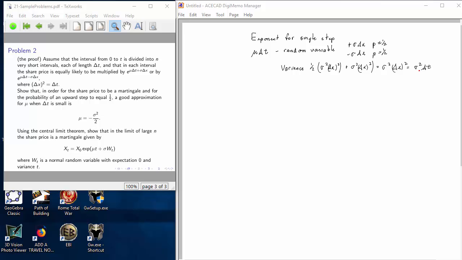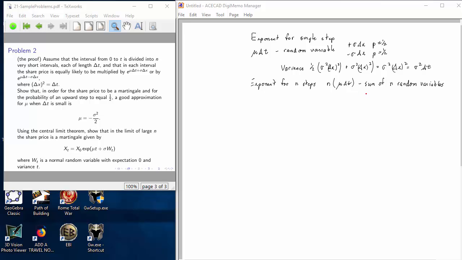Okay, what about the exponent for n steps? Well, that's the sum of n times mu delta t plus the sum of n of these random variables. But if n is large, we know all about that.